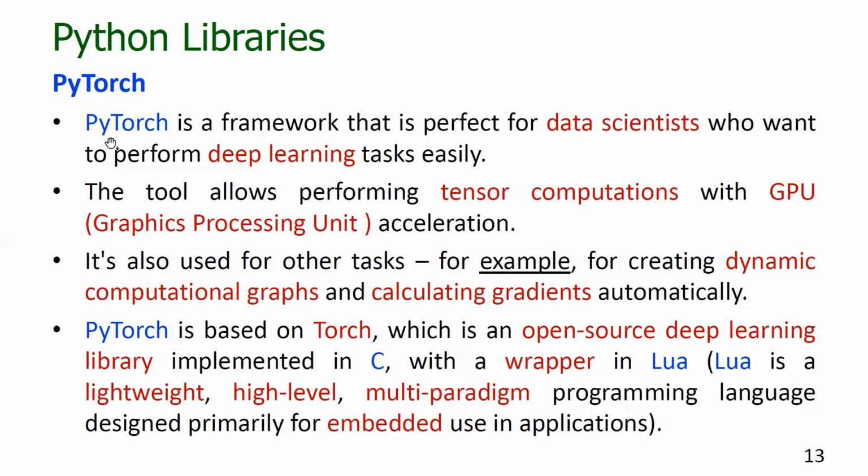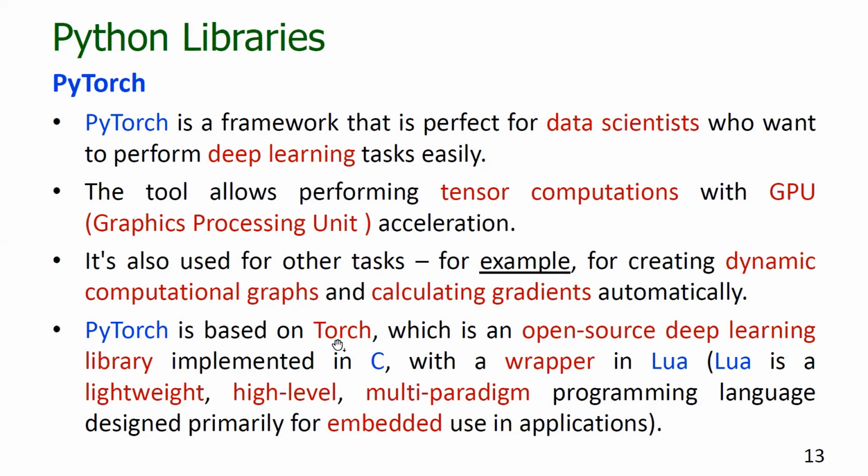Then the next library is PyTorch, which is a framework that is perfect for data scientists who want to perform deep learning tasks easily. The tool allows performing tensor computations with GPU, which is graphics processing unit, acceleration. It is also used for other tasks, for example, for creating dynamic computational graphs and calculating gradients automatically.